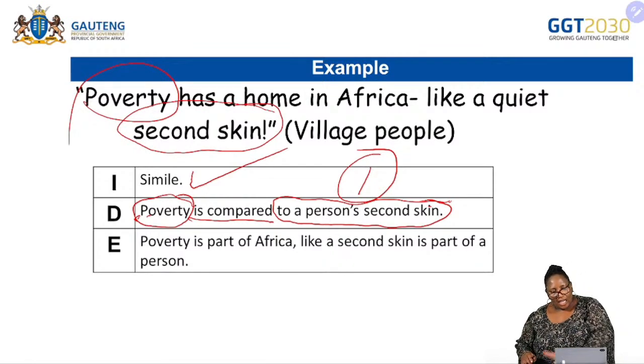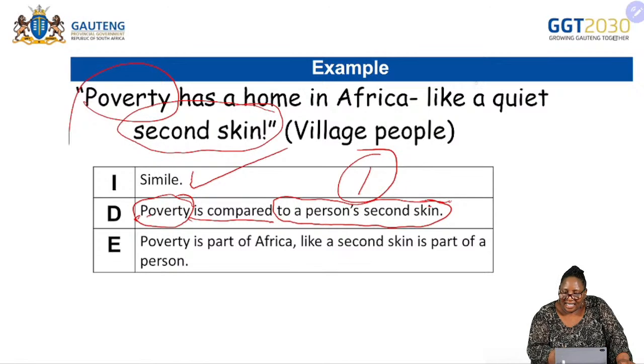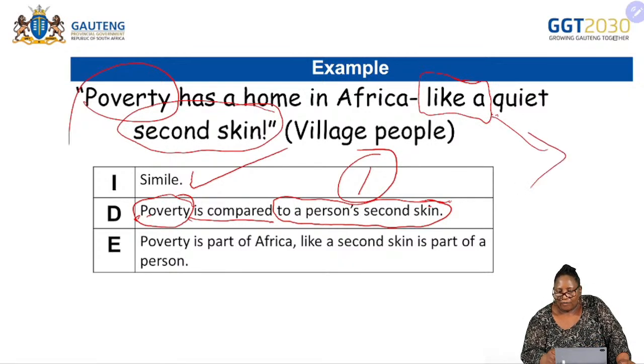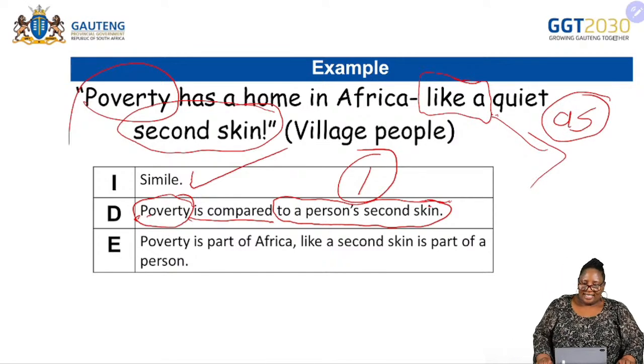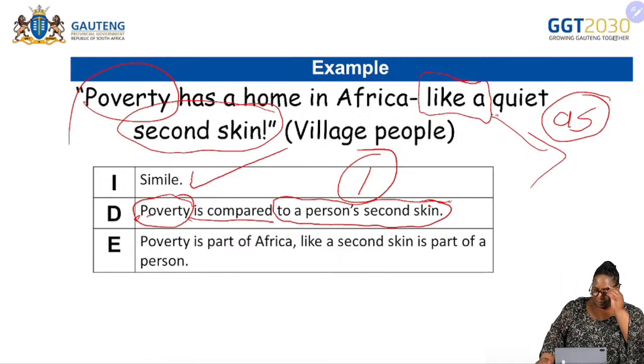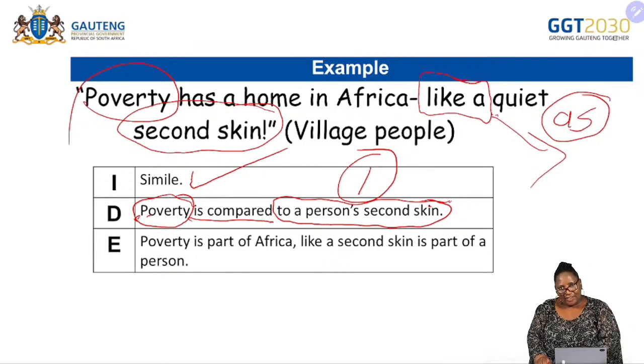So we have a simile. Why do you have a simile? There is a use of what? Like a. So immediately you see the phrase or the word there, like or as, then you know you are dealing with what? With a simile. Grade 12 learners, when I say describe, after you have identified, you need to give us an explanation why that figure of speech was used.